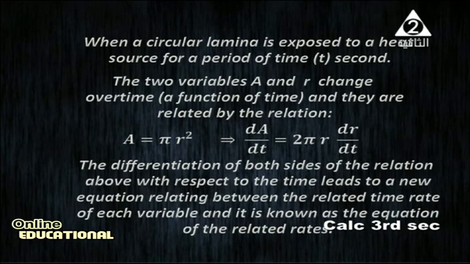The differentiation of both sides of the relation above with respect to time leads to a new equation relating the time rates of each variable, A and r, and it is known as the equation of the related rates.